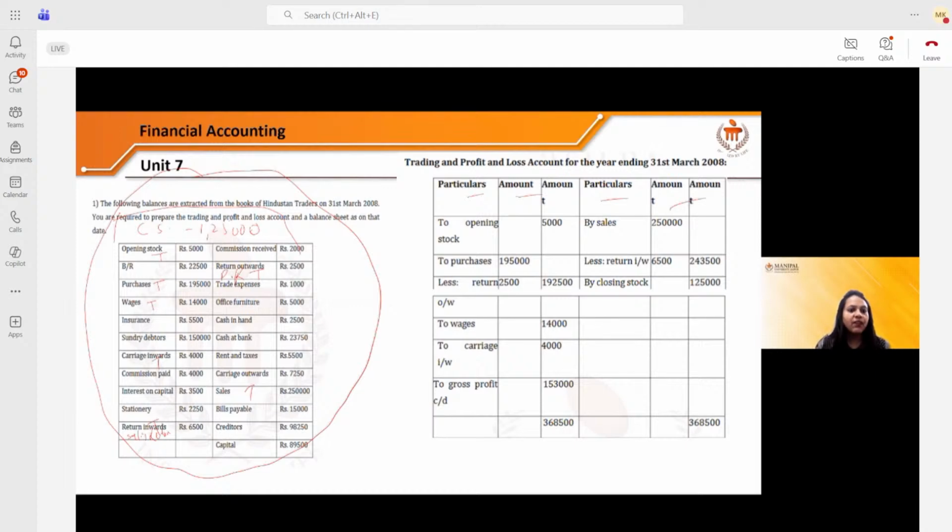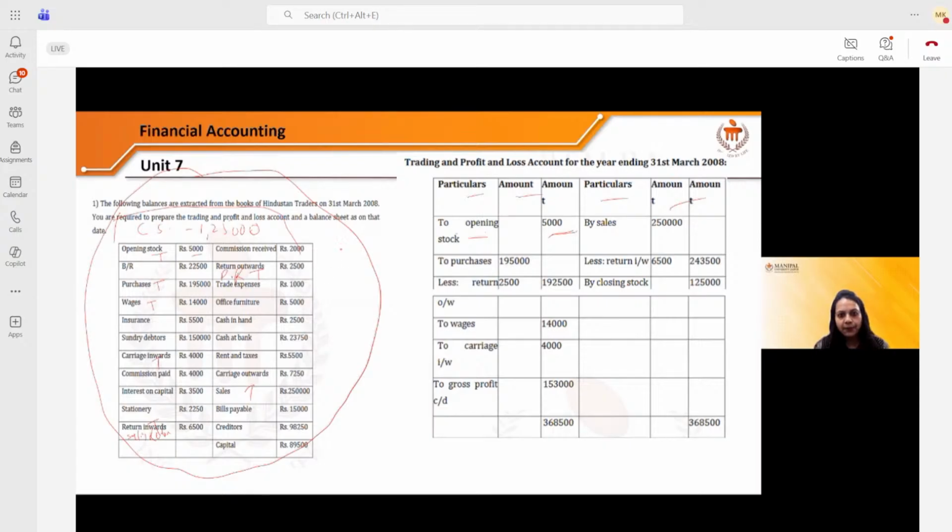Now I will have to shift them into the format. So opening stock 5,000. Look at the answer now: to opening stock 5,000. Right? Next I have selected purchase. So how to calculate the purchase?